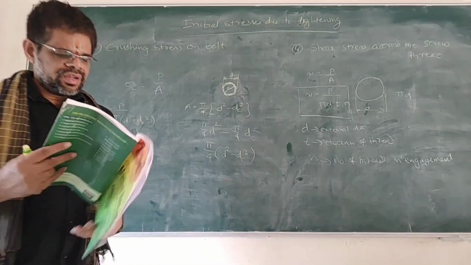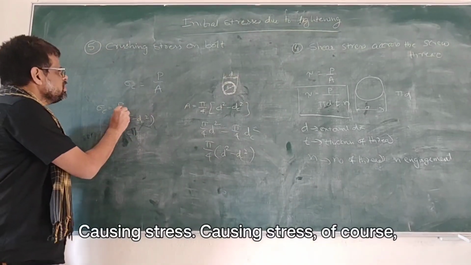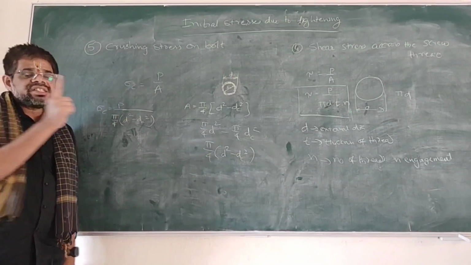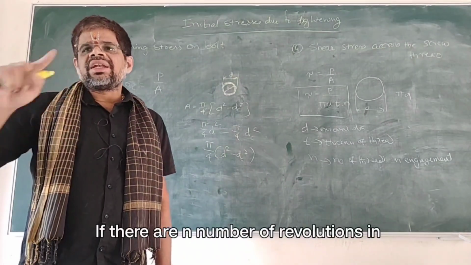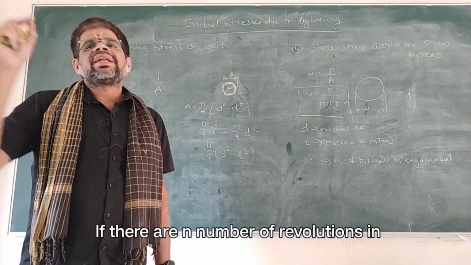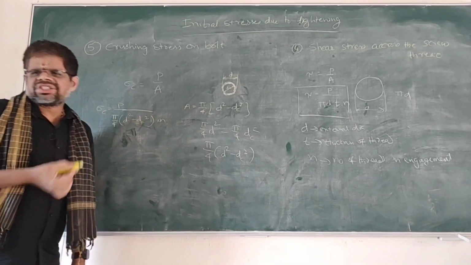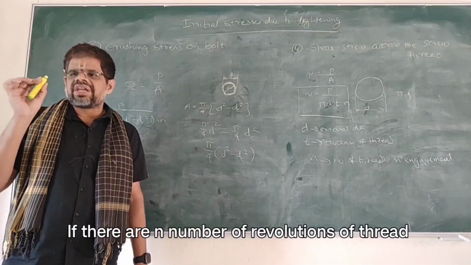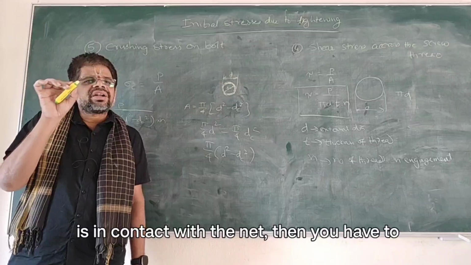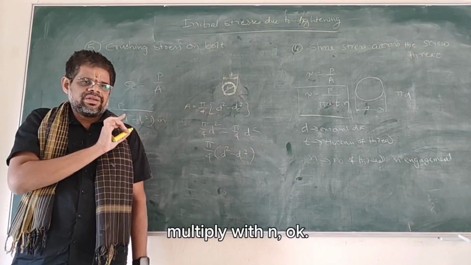So with this you can calculate the value of crushing stress. Of course, this is for one complete revolution of the thread. If there are n number of revolutions of thread in contact with the nut, then you have to multiply with n.